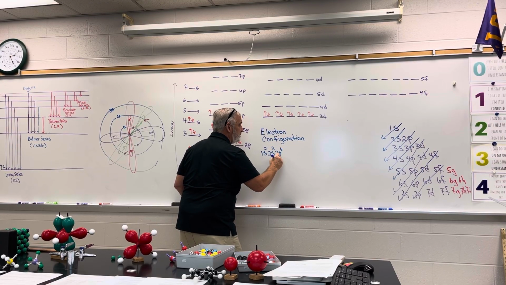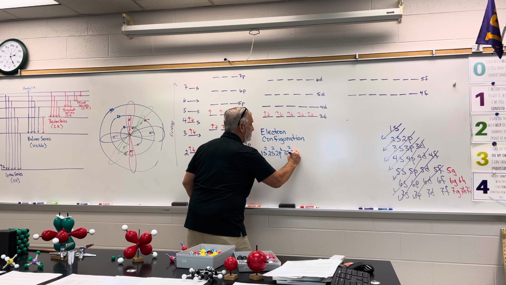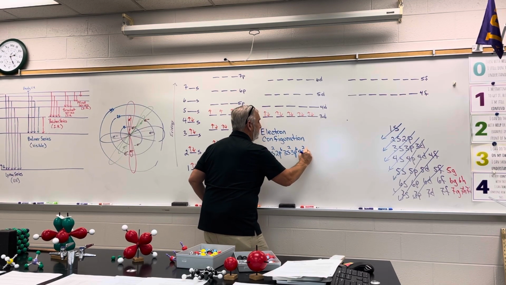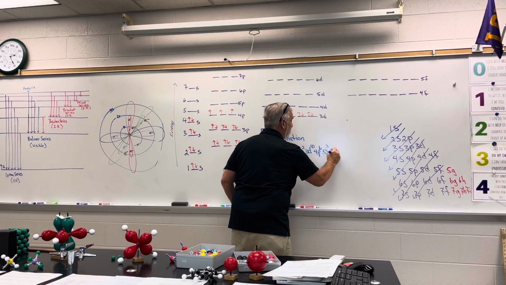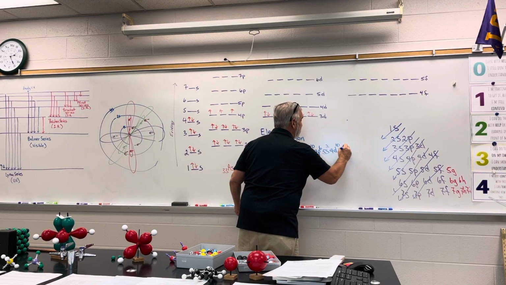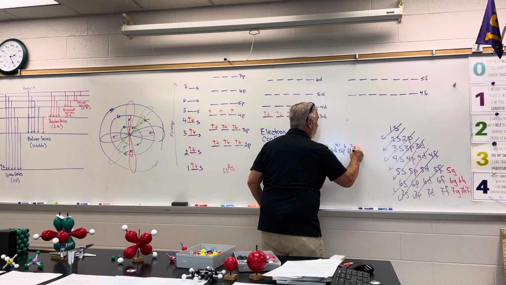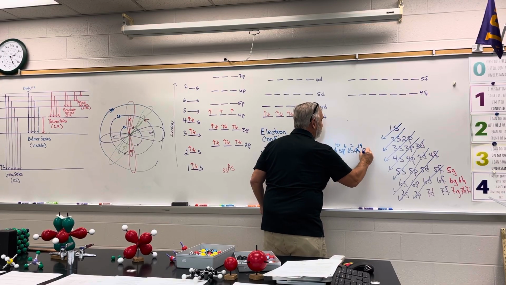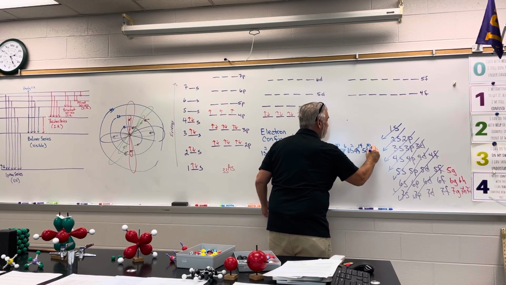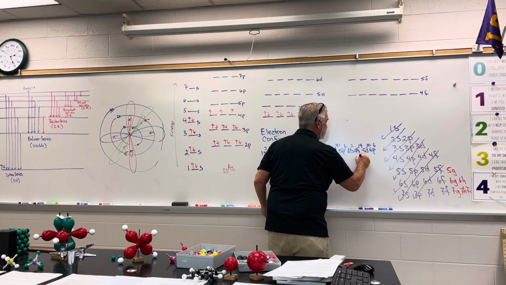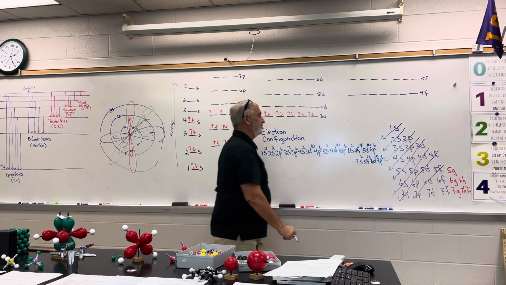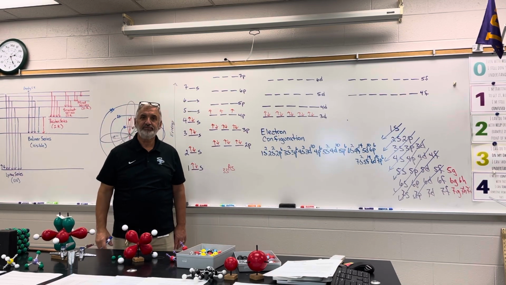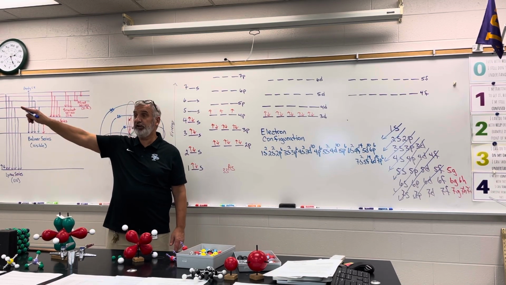You can follow the yellow brick road. 2p6, 3s2, 3p6, 4s2, 3d10, 4p6, 5s2, 4d10, 5p6, 6s2, 4f14, 5d10, 6p6, and then 7s2, 5f14, 6d10, 7p6. Okay? That's a lot. Then that would be the electron configuration for OG, 118.